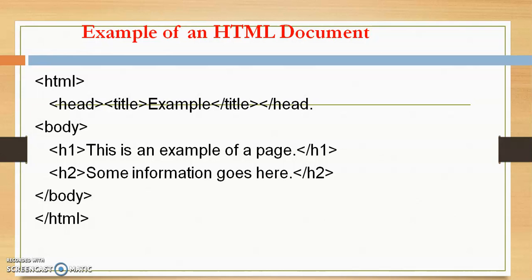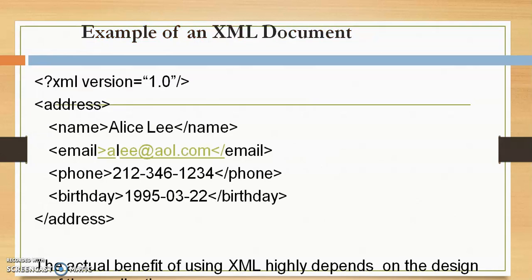So this we have already seen, the HTML document. Now we are going to see the example of the XML document. Every XML document starts with the question symbol followed by the XML version.